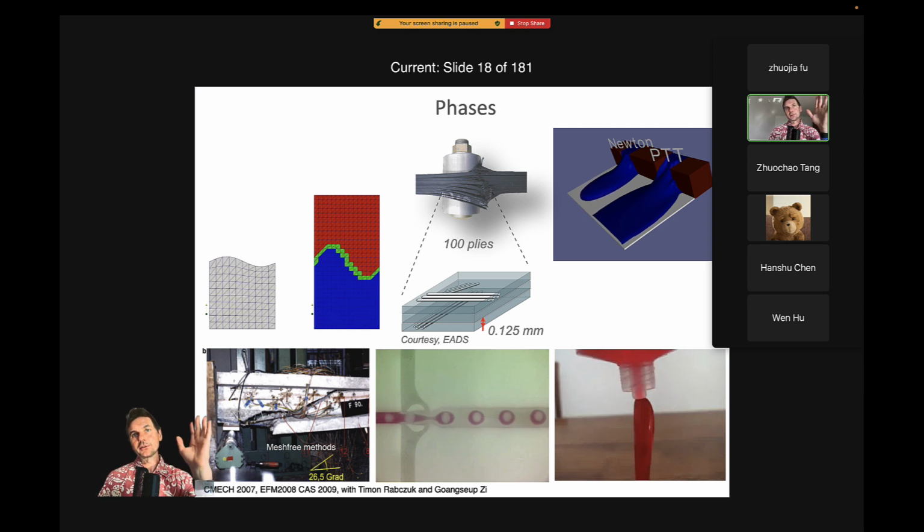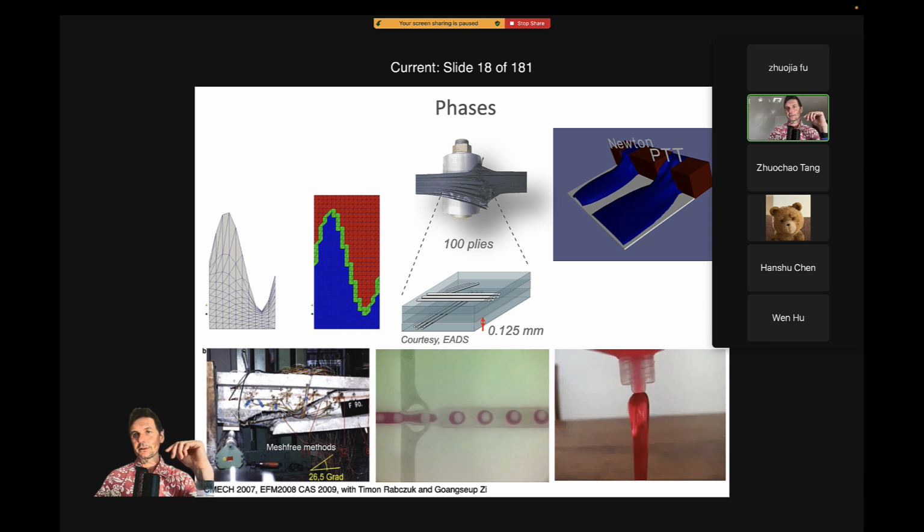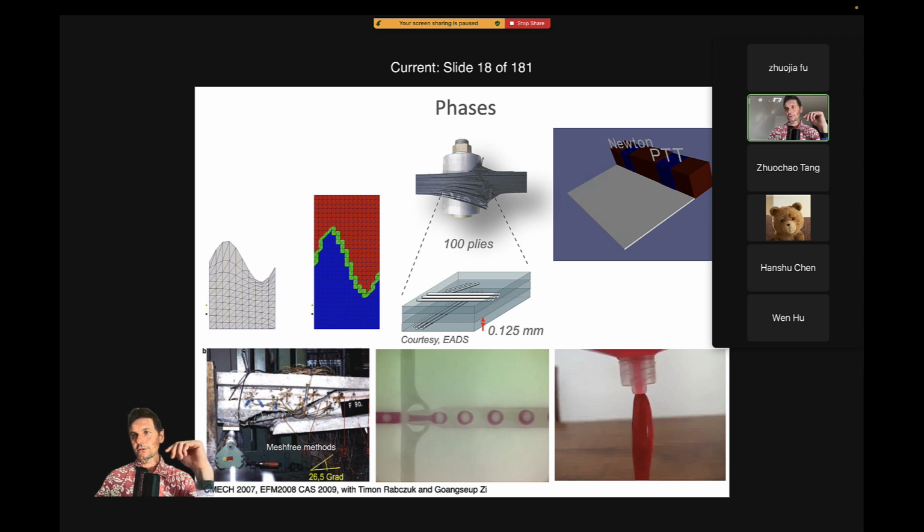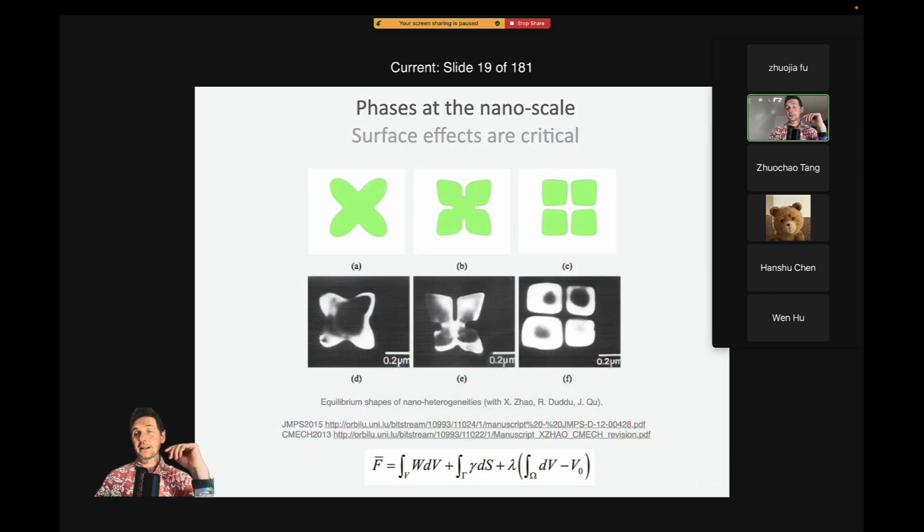So there are many examples: multi-phase, you have fracture of concrete that you have here, you have here the problem of multiple bubbles that are created, non-Newtonian fluids here, and some sort of dam break example here. So lots and lots of different examples.